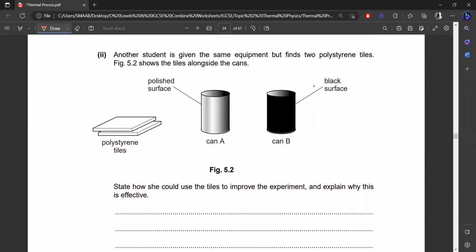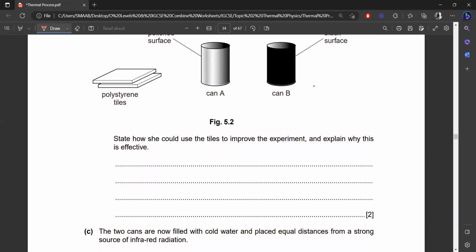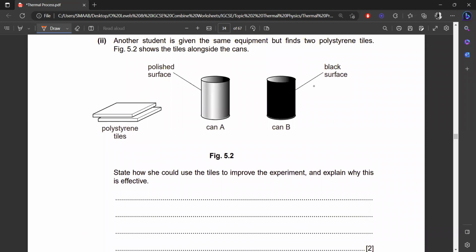And another student is given the same equipment but also two polystyrene tiles. Figure 5.2 shows the tiles alongside the cans. State how she could use the tiles to improve the experiment and explain why this is effective. So in the previous example, we did not have a cover or lid, so thermal energy will be lost quickly.